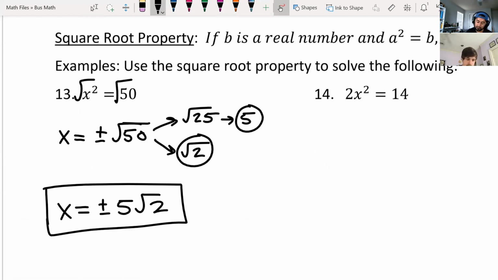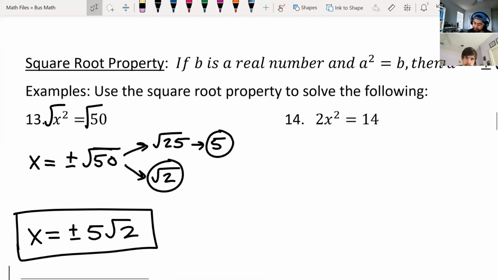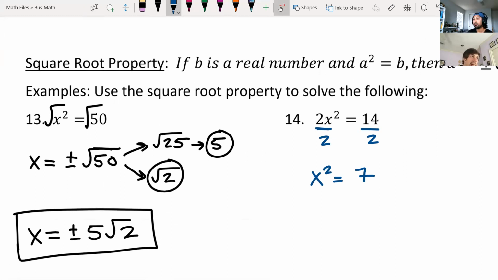Okay. Let's try it again. 14. 2x squared equal to 14. In order to use the square root property, we want to get x by itself. So the first thing we're going to do is divide by 2. Here you'll get x squared equal to 7.